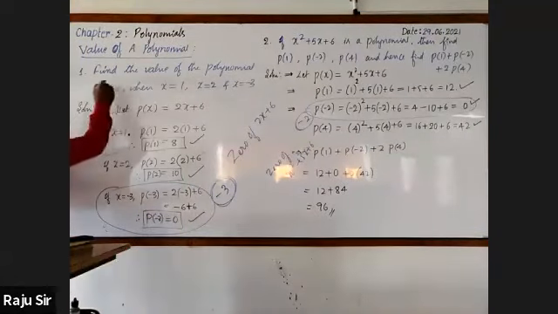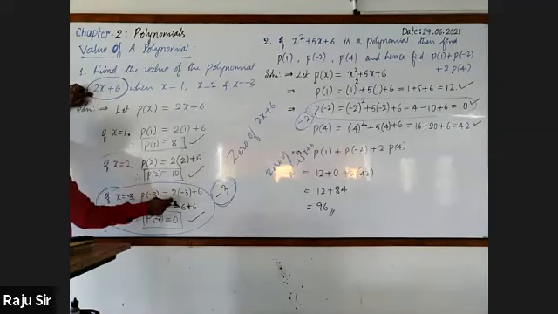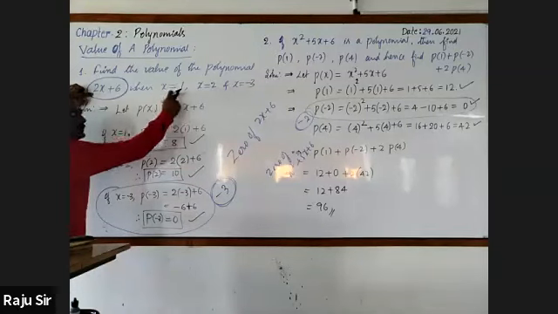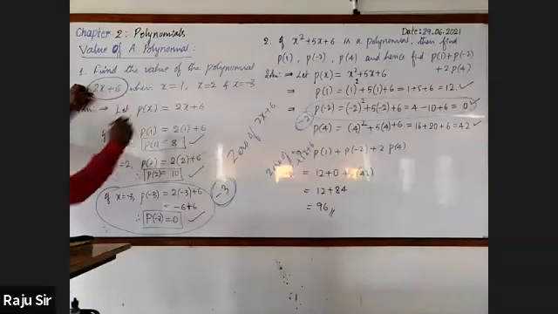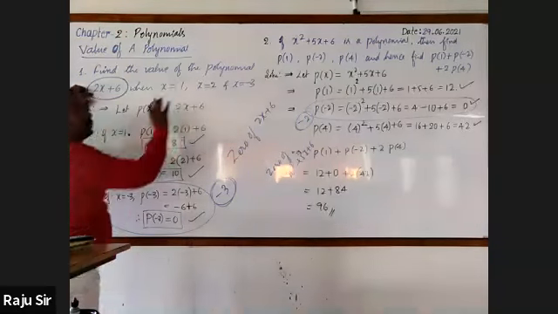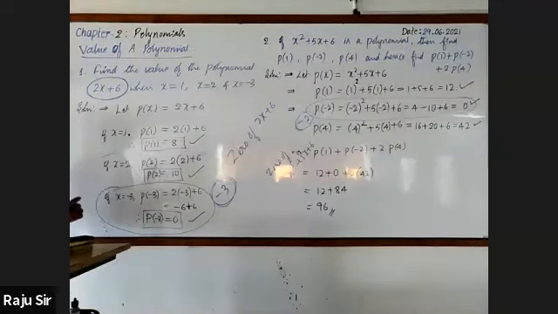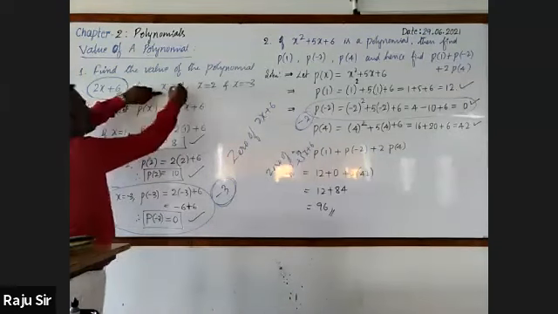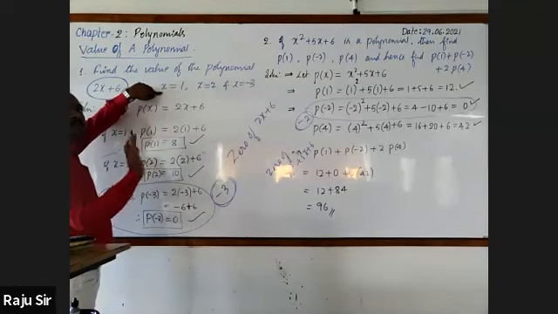In the first case, this is the polynomial, and we have found the values of this polynomial when x is 1, x is 2, and x is minus 3. But not all the values of the variable have made the value of the polynomial 0. When you substitute 1 in place of x, you get a value that is not equal to 0.